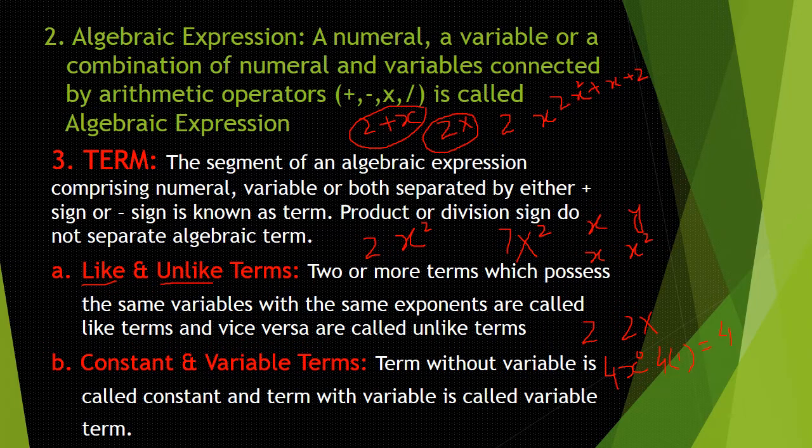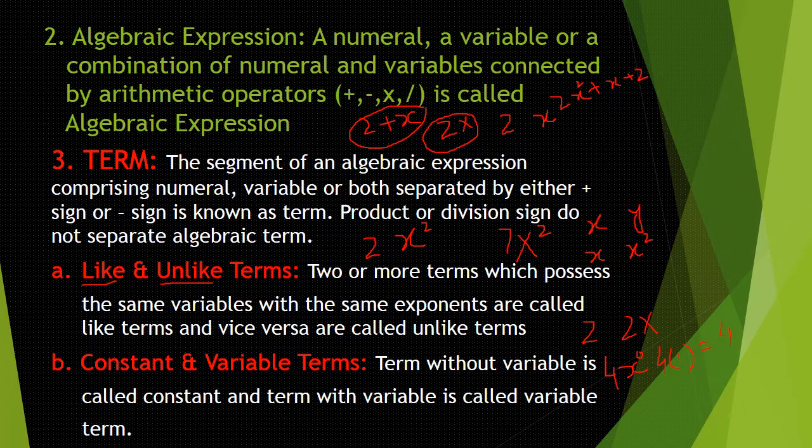I mean that the variables which are connected through multiplication or division form one term. I am going to tell you about the term down in the next topic. And those numerals and variables which are connected through positive or negative sign form two terms.